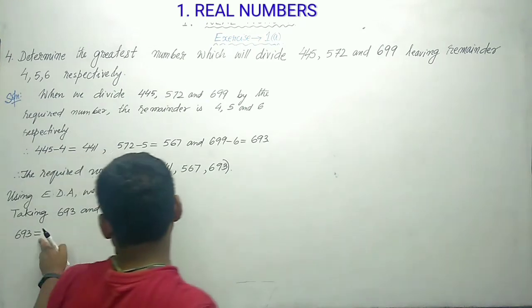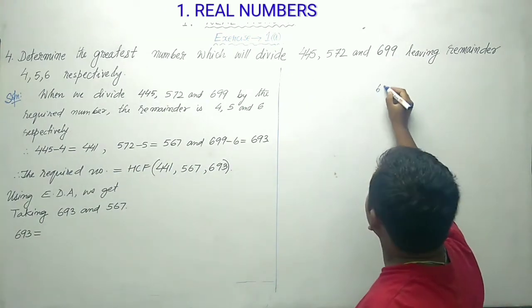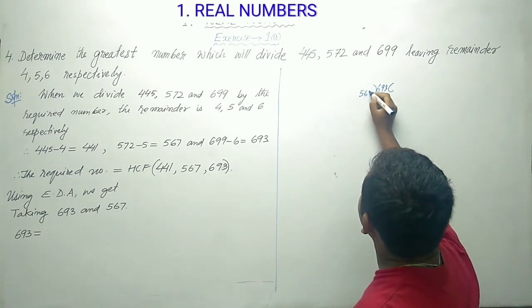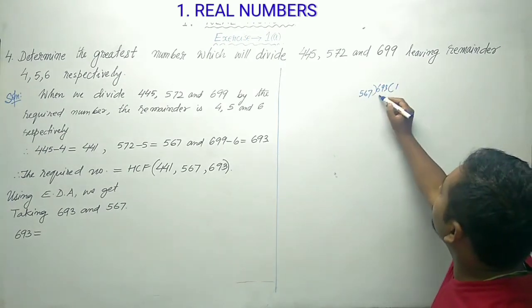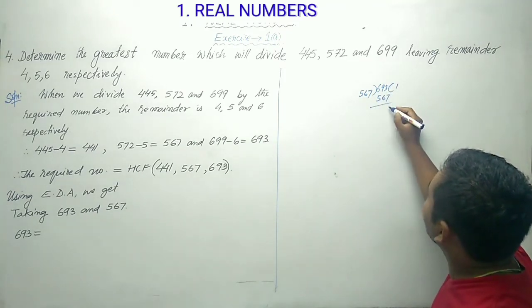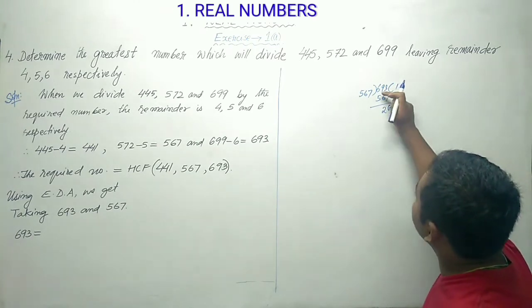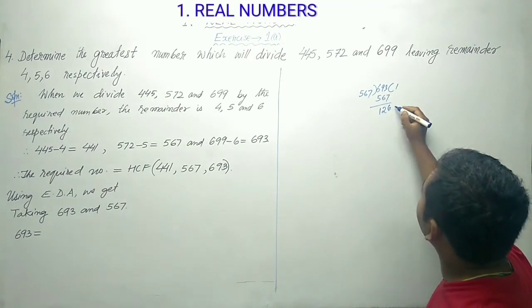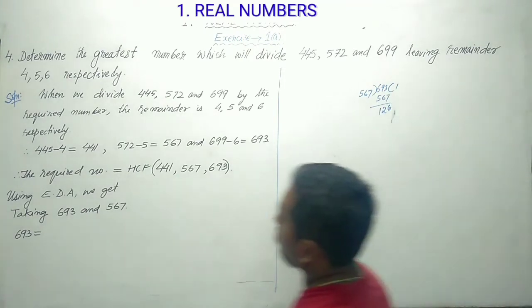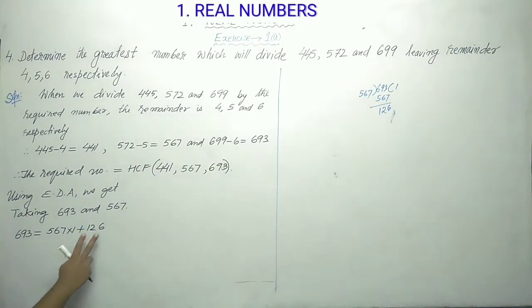So we divide 693 by 567. 567 ones are 567. Now 13 minus 7 will give you 6. 8 minus 6 will give you 2. 6 minus 5 will give you 1. Now you can write down 567 into 1 plus 126. The remainder is not yet 0.